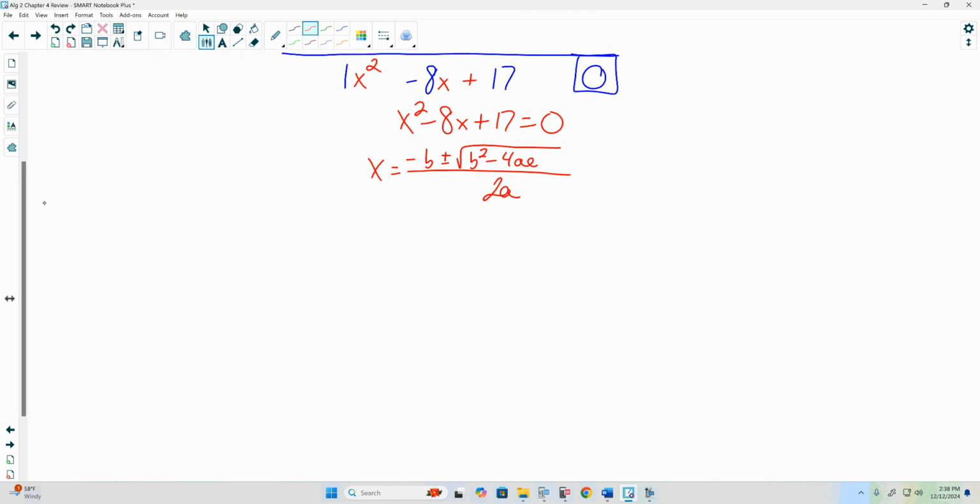Now for this one, because we do have a middle term, that negative 8x, we're going to need to use the quadratic formula. If the negative 8x wasn't there, it's just x squared plus 17, we can use the square root method, subtract the 17, take the square root, we're done. Here we're going to have to plug it into the quadratic formula.